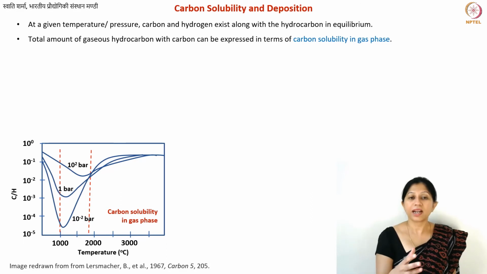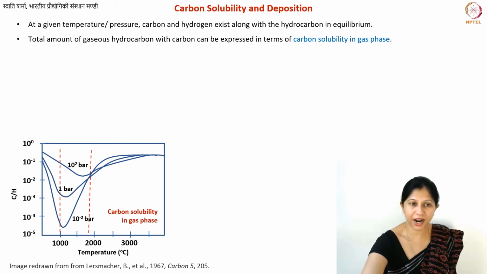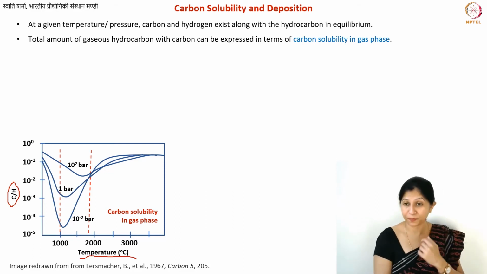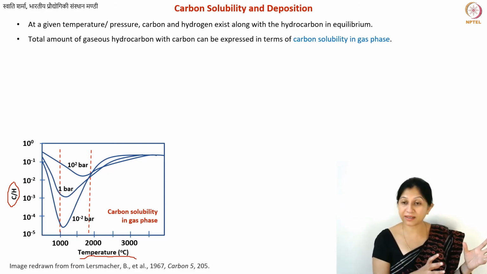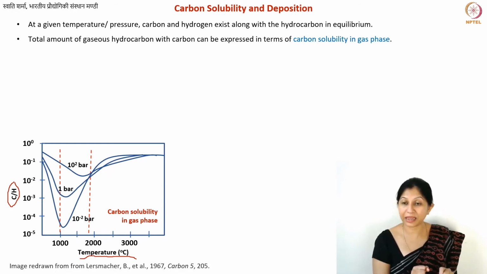There are certain curves that you see in this diagram. This is the fraction of carbon, and this is the heat treatment temperature. You may or may not call this the pyrolysis region; in the pyrolysis region, we get carbon and hydrogen from our methane.